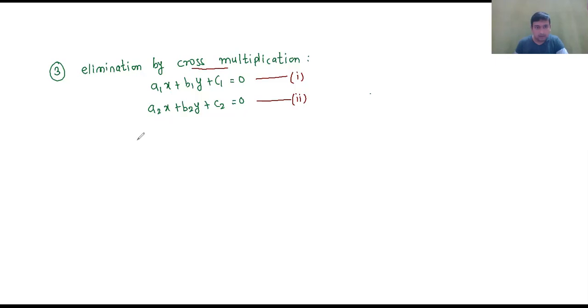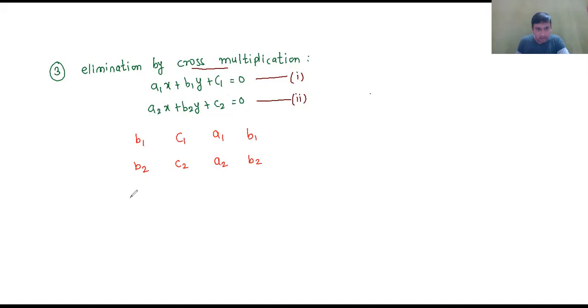I am writing like this: b1, b2, c1, c2, a1, a2, and again b1, b2. See, I have eliminated x and I have started with b1, b2, then c1, c2, then a1, a2, and again b1, b2, right?